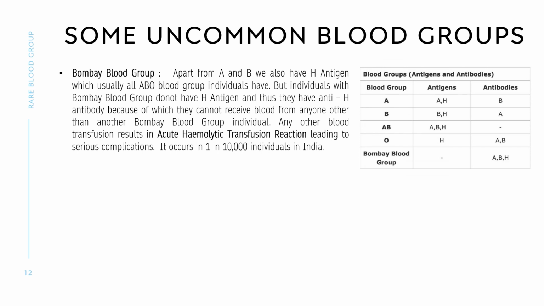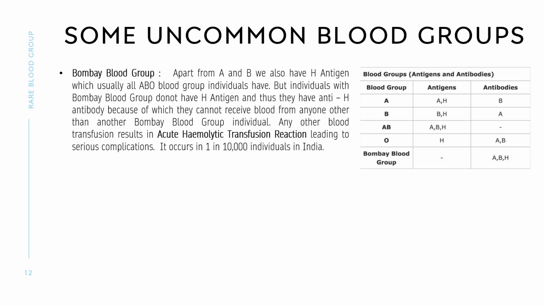But apart from that, there is also a major antigen in the body which is called the antigen H. So all ABO blood group individuals have an antigen H available in them.